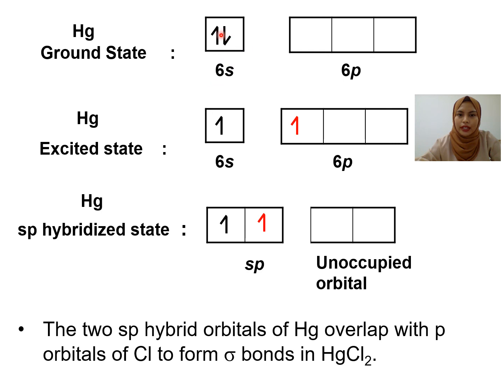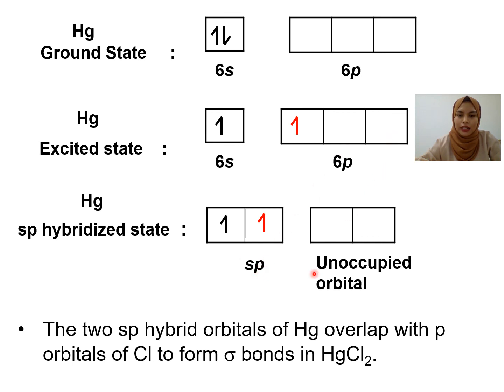Therefore, you need to excite one of the electron dekat 6s ni pergi kepada empty orbital 6p. So now you punya excited state for your mercury akan ada satu single electron dekat 6s dan juga satu single electron dekat 6p. And untuk buat hybridized state untuk Hg ni, satu orbital dekat 6s akan bergabung dengan satu orbital dekat 6p supaya dia akan dapat dua orbitals sp, hybrid orbital, okay?